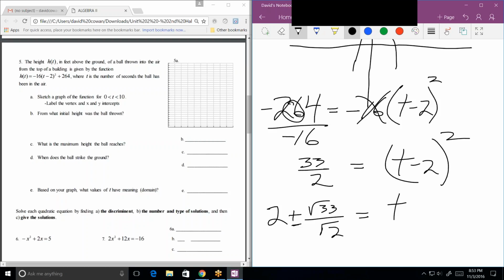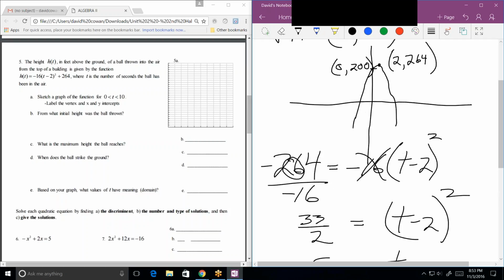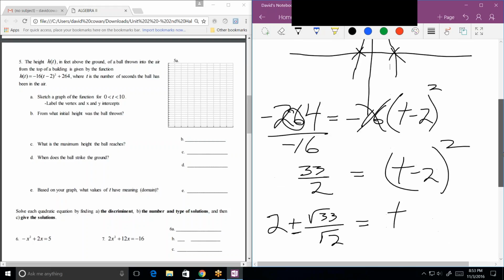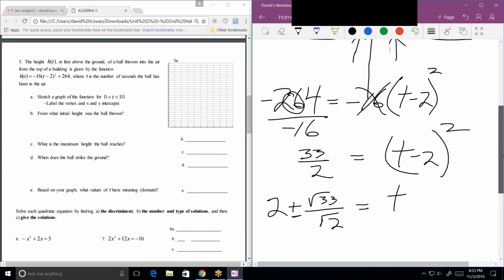Well, when I sketch the graph, I do get both intercepts, and if they want us to label them, that's where they are. One of them's there, the other one's there. Obviously, the one on the right is the plus, the one on the left is the minus.